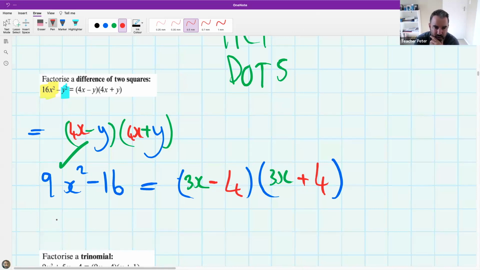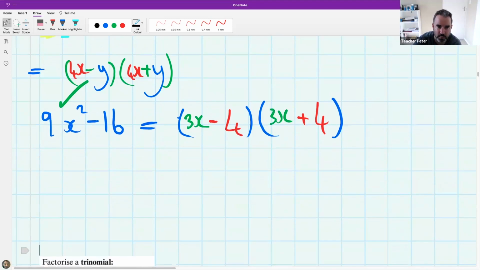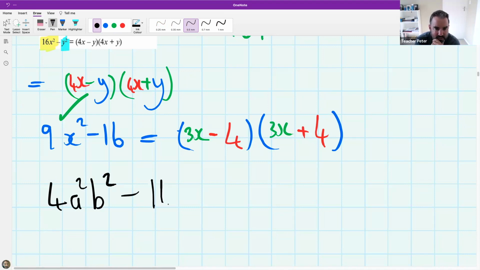Maybe I should make up one more exciting one for you, just because we can. And then we'll move on to trinomials. So what if I said to you, can you factorize 4a squared b squared minus 16x squared y squared?